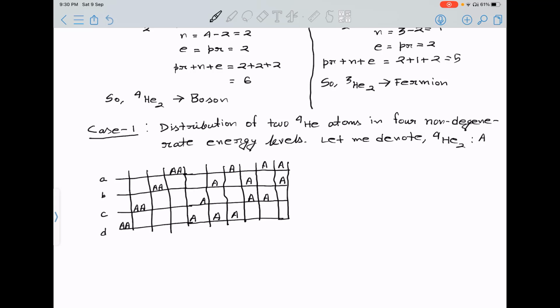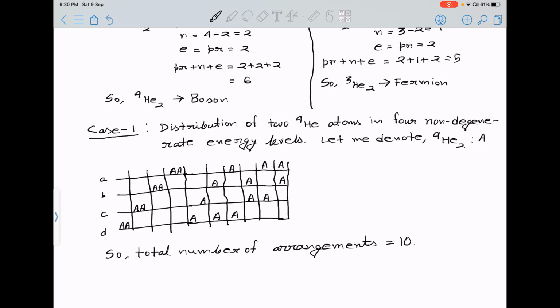So the total number of arrangements equals 10.